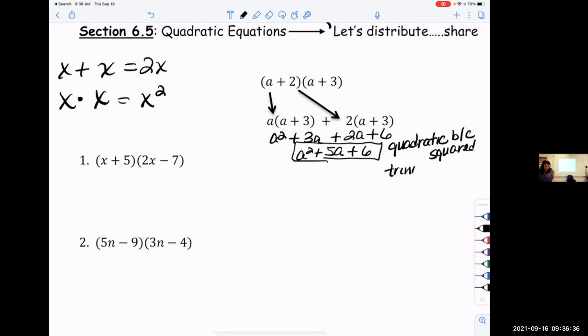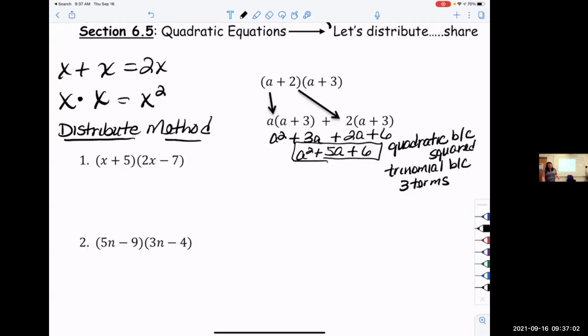Trinomial, I just don't want to throw these terms around, because 3 terms if you're not familiar. Okay, so this is just the distributive property method. That's what we're practicing first, is just the distribute method.